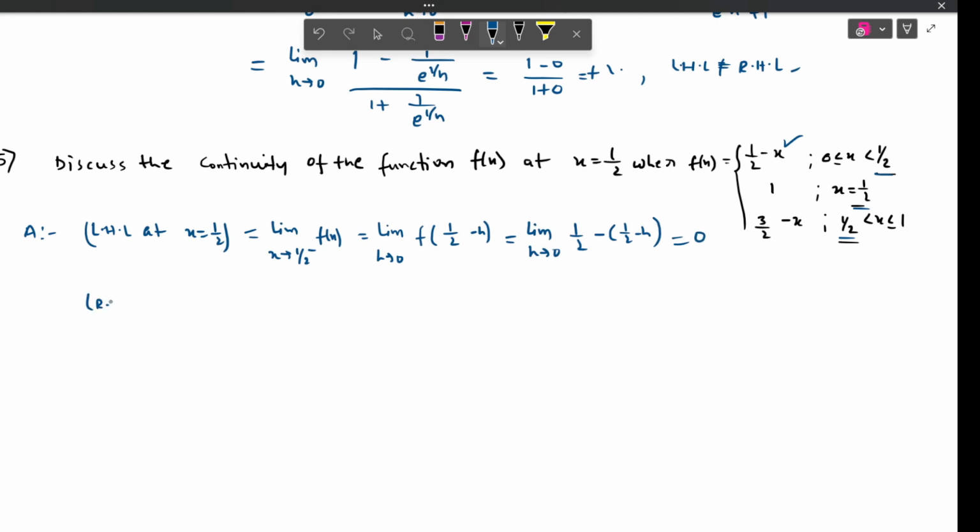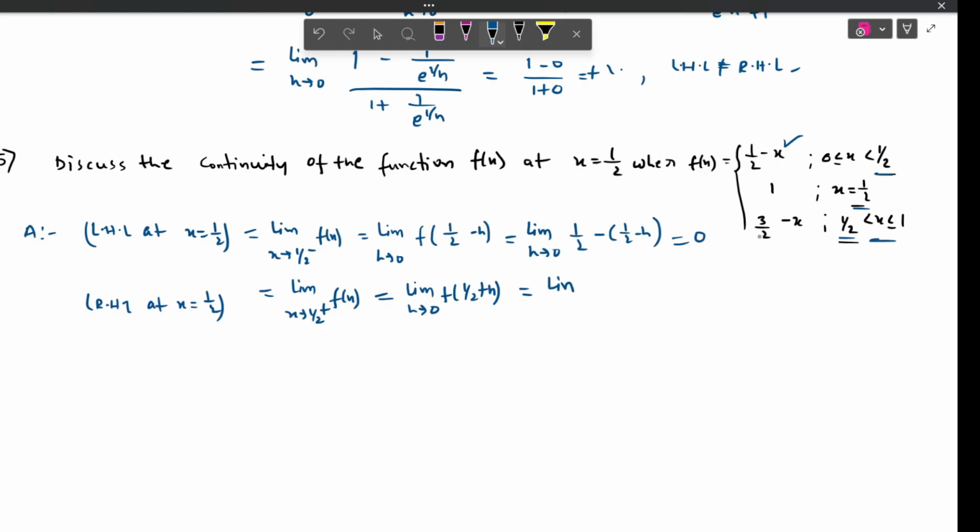So now let us check right hand limit at x equals to half, that is limit x tends to half plus f of x. So limit h tends to 0, f of half plus h. So here the function is x is greater than half, half plus.